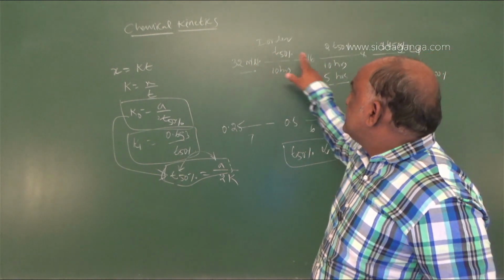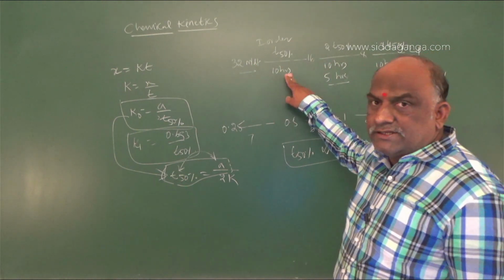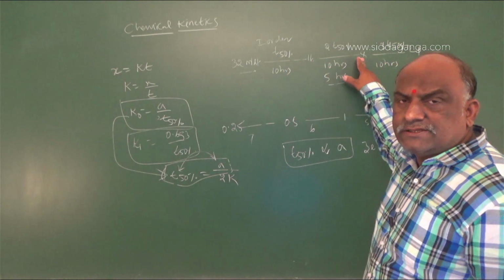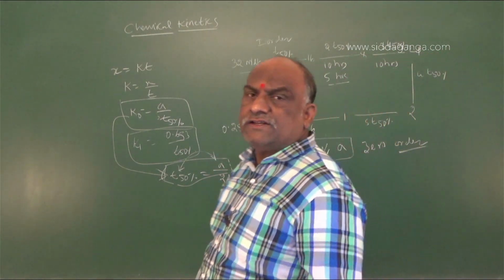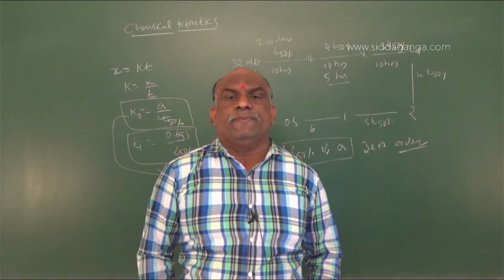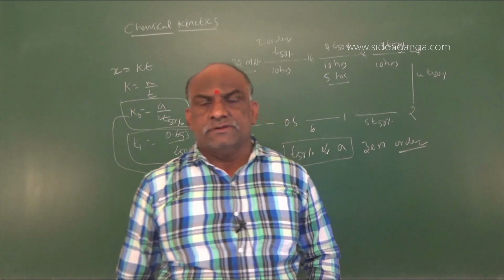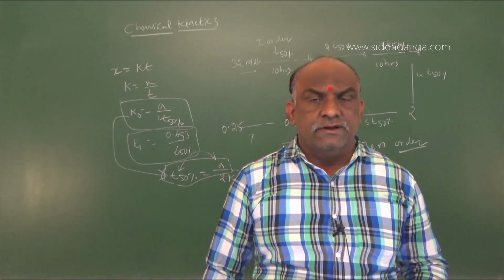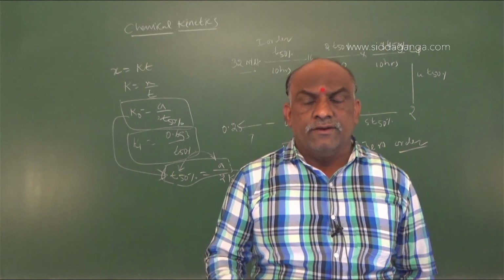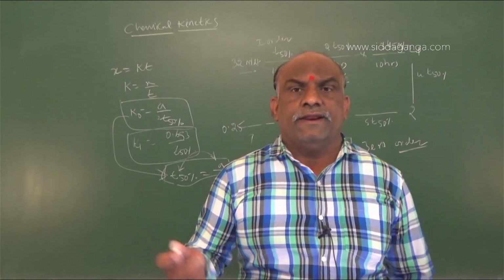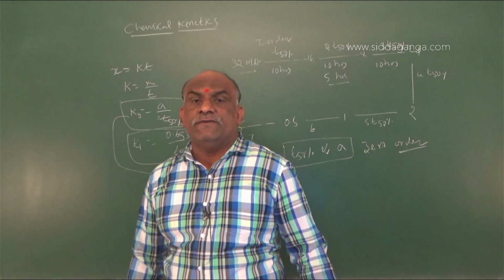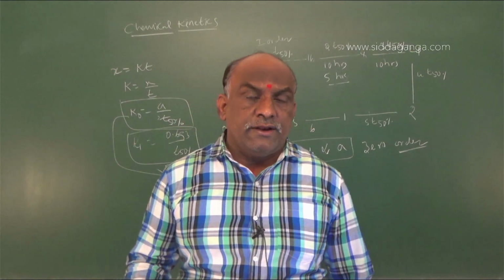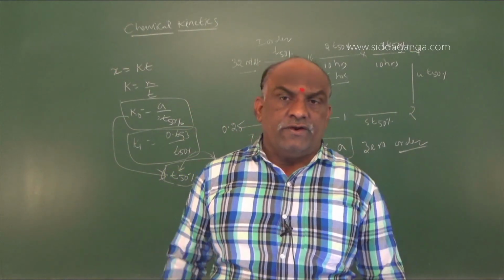How much time does the first conversion take? 10 hours. The second conversion also takes 10 hours only. The third conversion takes 10 hours only. 40 grams becomes 20 grams in 10 hours, 20 grams becomes 10 grams in 10 hours, 10 becomes 5 in 10 hours, 5 becomes 2.5 in 10 hours. So that is the difference between zero order and first order half-lives.